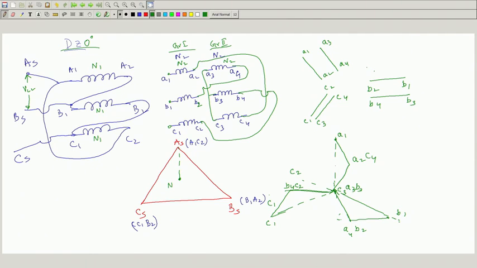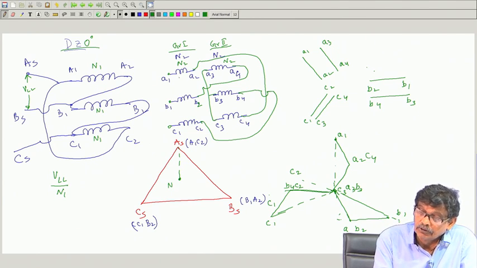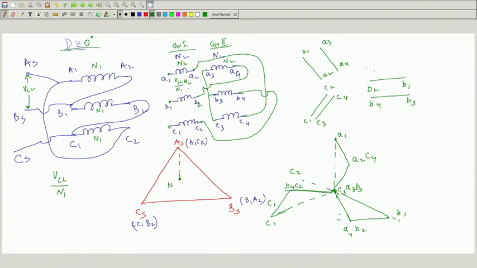I want to know what will be the phase voltage on the secondary side and what will be the line to line voltage in terms of this VLL. How should I proceed? What is the voltage per turn? VLL by N1, because it is delta connected, the line to line voltage comes here by N1. The induced voltage is the RMS value, voltage per turn VLL by N1 into N2, and this RMS voltage will be the same for all these coils, because they have the same turns.